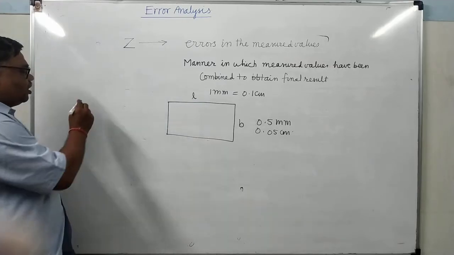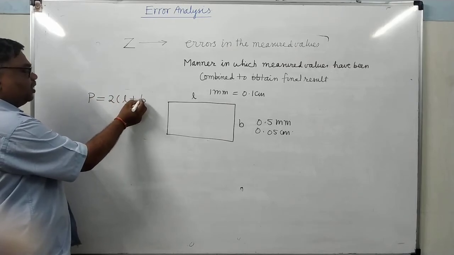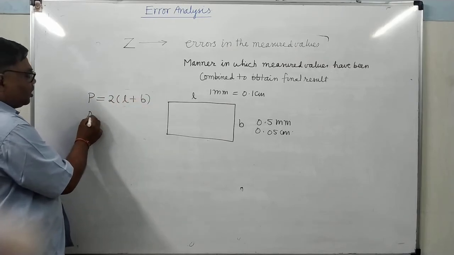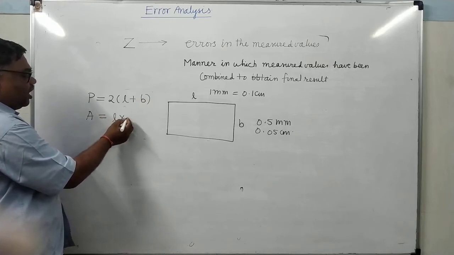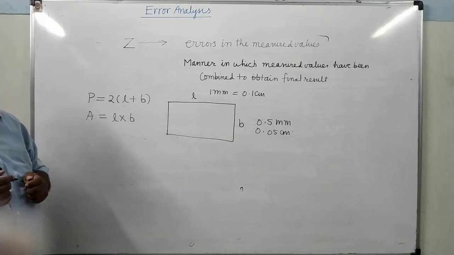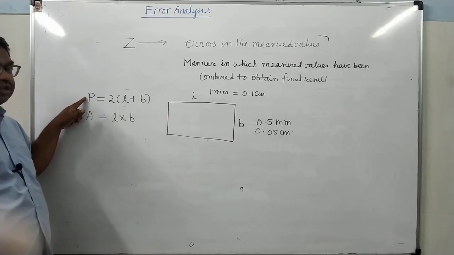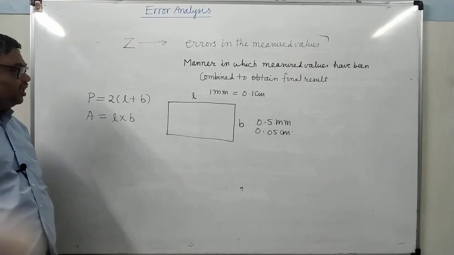Now once you are determining the perimeter, perimeter will be L plus B. Is it clear? Then you are determining the area, L into B. The same physical quantities have been used in order to determine perimeter as well as area.